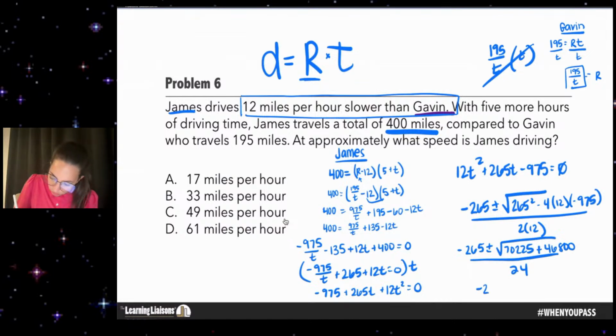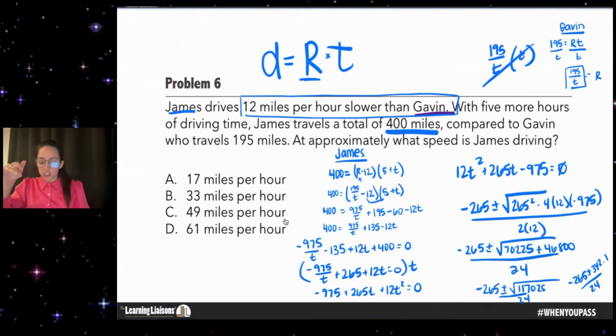So negative 265 plus or minus the square root of 117.25 divided by 24. Let's go ahead and square root that. So that equals negative 265 plus or minus 342.1 divided by 24. But let's keep in mind that we're solving for T, right?